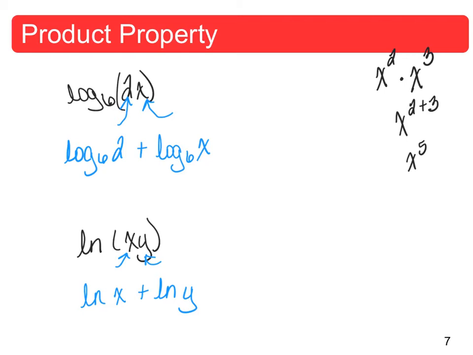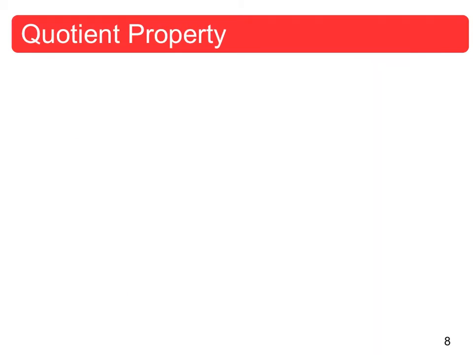Okay, so I am going to go to the quotient property. Now, if we think about our exponents, if I have x to the fifth over x squared, I subtract those exponents and I get x to the third. We're going to do that very similarly with our logs.